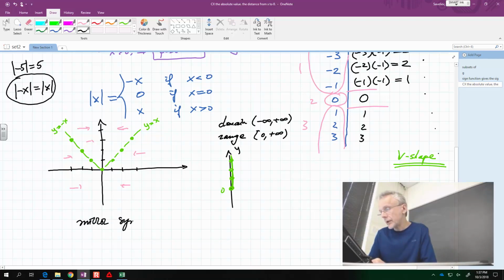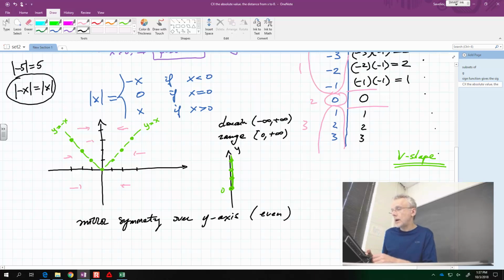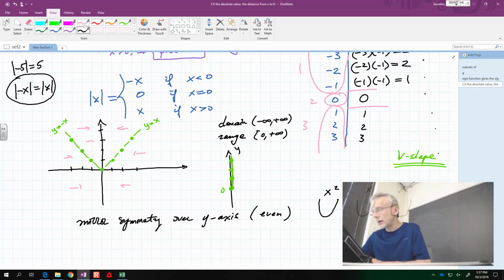Mirror symmetry over the y-axis. Shortly we'll talk about these functions. They are called even functions. Remember that x squared, x fourth and x sixth are all even functions. They have this mirror symmetry with respect to the y-axis, and the absolute value has the exact same symmetry.